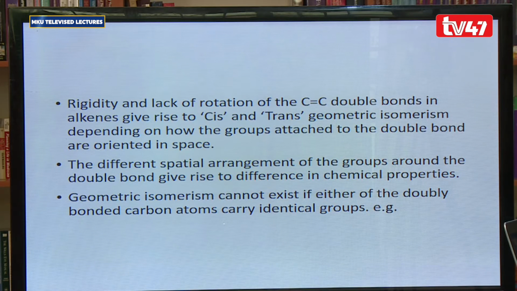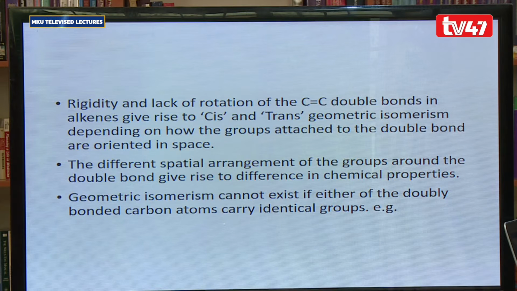That brings an issue in alkenes, in that there is no movement around the carbon-to-carbon double bond, and this brings about a phenomenon referred to as cis-trans geometric isomerism.